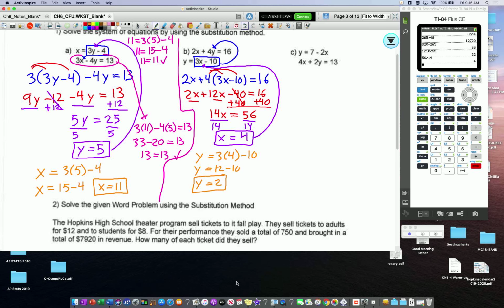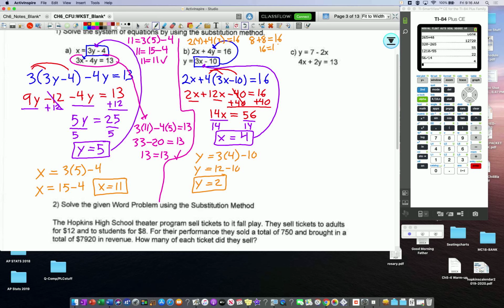So now, I want to do a quick check. If I check it in this first one, I'm saying 2 times 4 plus 4 times 2, does that equal 16? Well, 2 times 4 is 8. 4 times 2 is 8. Does 8 plus 8 equal 16?